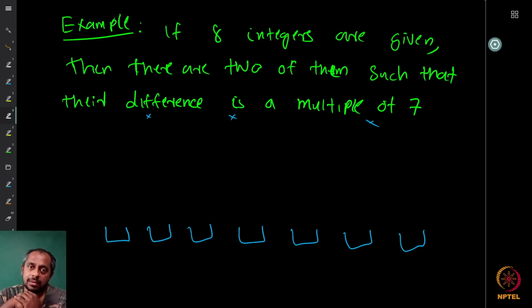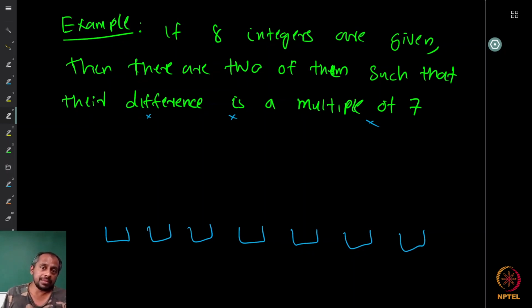So we have to show the remainder is 0 for the difference of two numbers. When does the difference of two numbers have remainder 0?